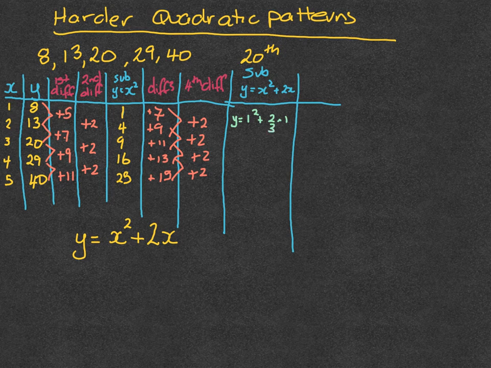And I'll just do the rest without showing all the working. 2 squared is 4, plus 2 times 2 is 4, so that's 8. 3 squared is 9, plus 2 times 3 is 6, so that's 15. 4 squared is 16, plus 2 times 4 is 8, so 16 plus 8 is 24. And 25, which is 5 squared, plus 10, that's 35. And this is where we come up to another difference.